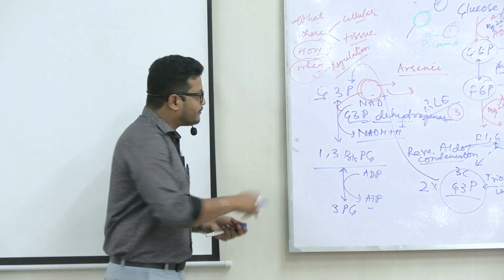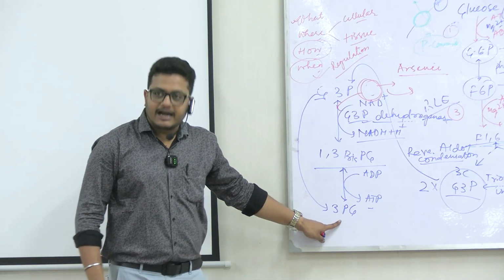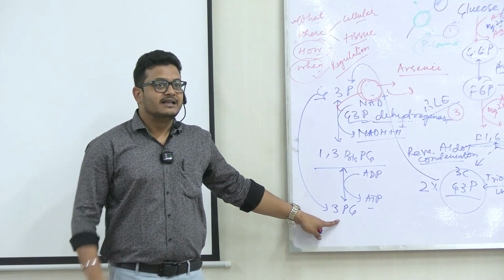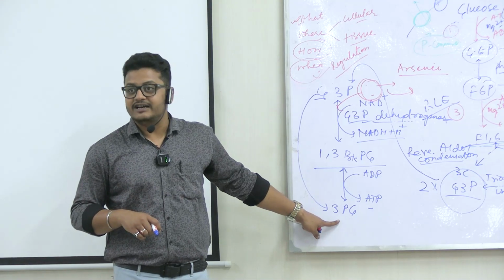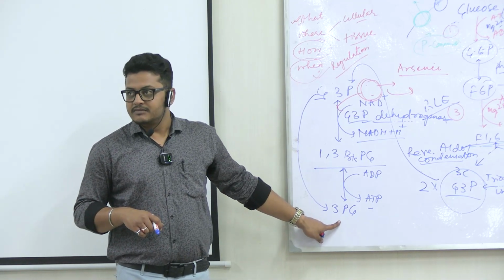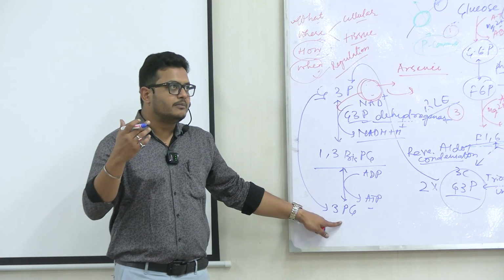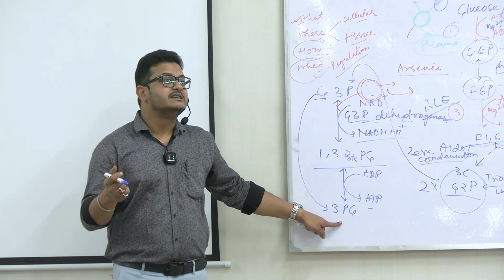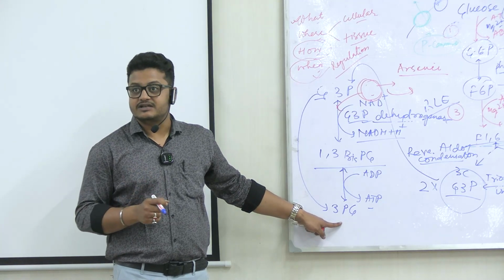As a result, the product formed will directly be 3-phosphoglycerate. Due to arsenic poisoning, there is a deficiency of ATP, a deficiency of energy in the cell. The cells most vulnerable to arsenic poisoning are RBCs, because RBCs totally depend on glycolysis for the production of energy.